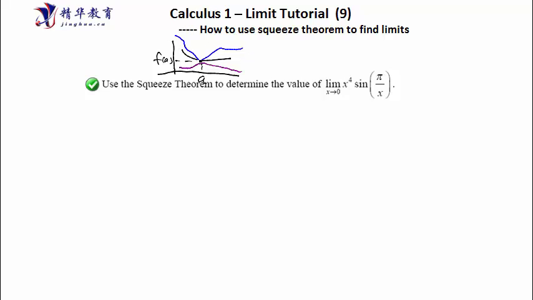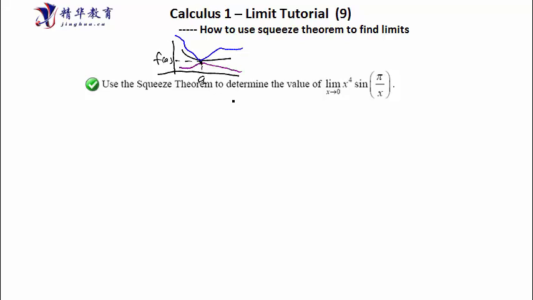So the black function must be approaching f(a), because it's less than the blue function and bigger than the purple function all the time. If the higher one and the lower one both approach the same value, the middle one must approach that value too. That's why we call it the squeeze theorem: using the higher one and the lower one to squeeze the answer.